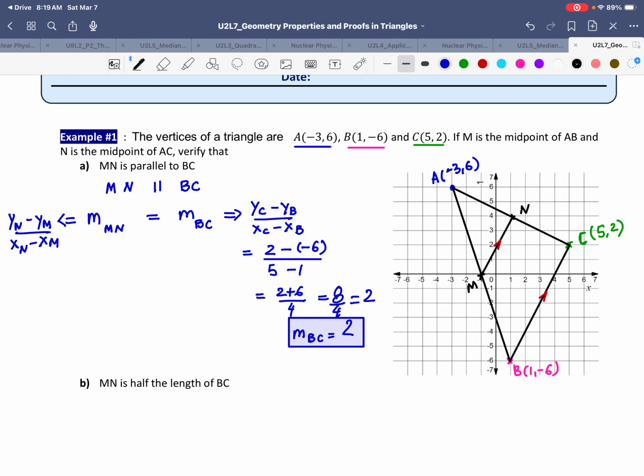So here we go. I'm going to say that the coordinates of M would be equal to xm, ym. We're going to take the A and B values: negative 3 plus 1 divided by 2. That's x. And for y, we're going to say 6 plus negative 6 divided by 2.